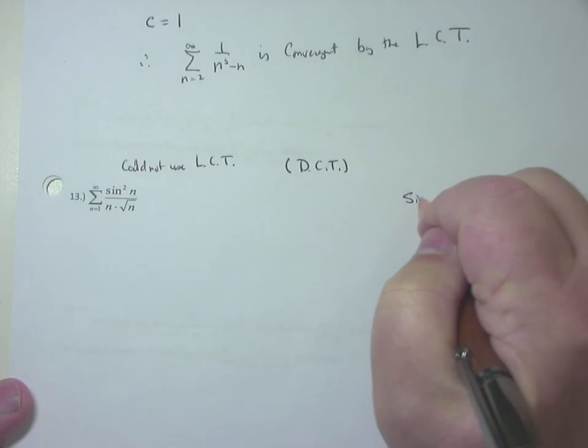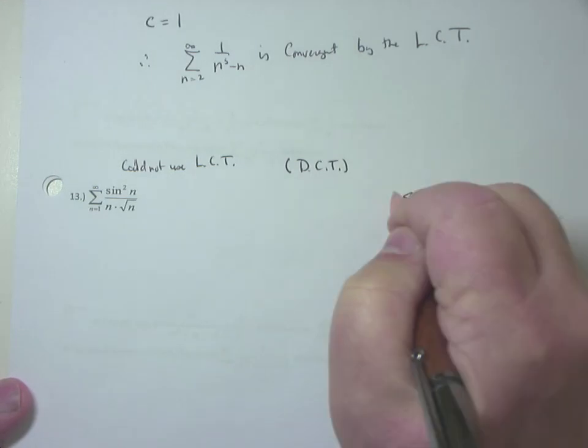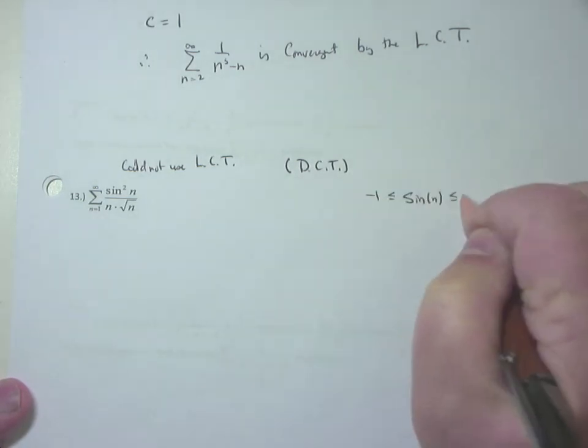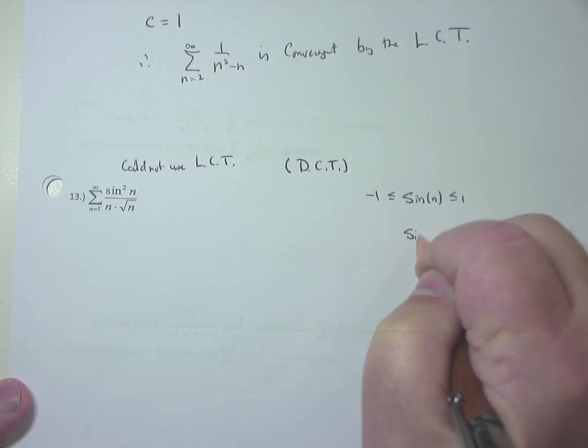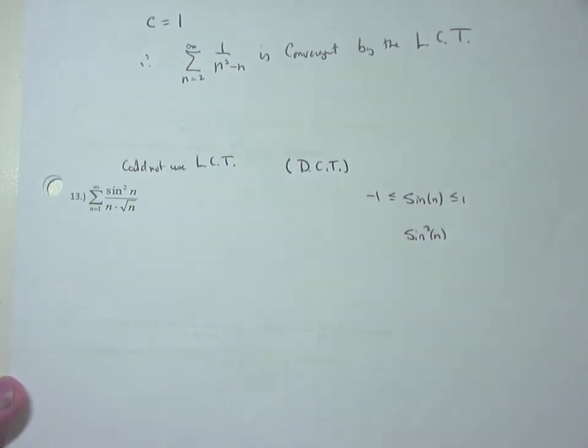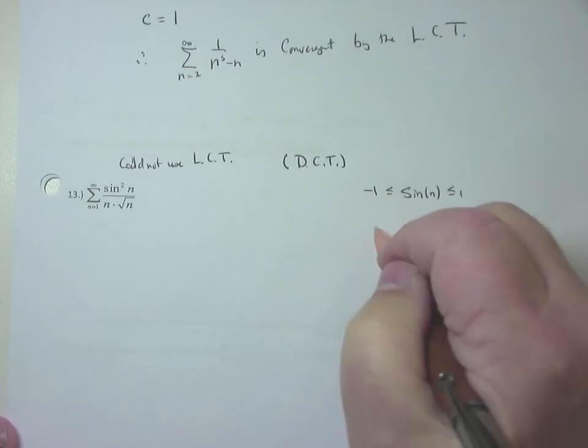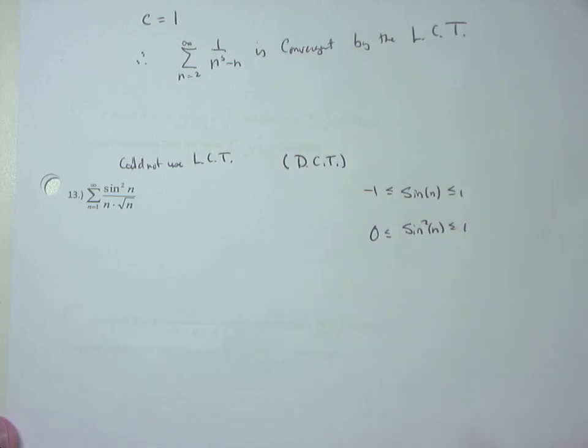We know that the sine of n for any n bounces between -1 and 1, right? So to make them positive, you square it. How does the sine squared of n compare? It bounces between what two numbers? 0 and 1, right? And it's bounded by 1.